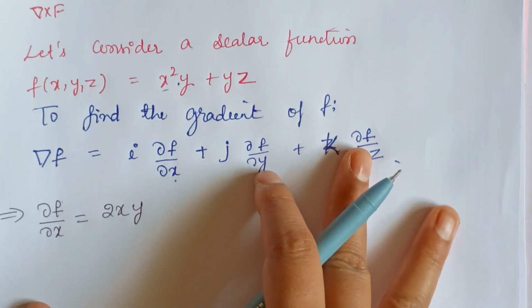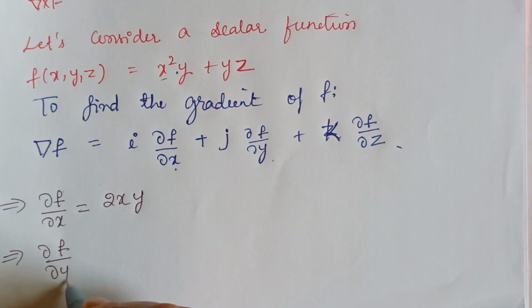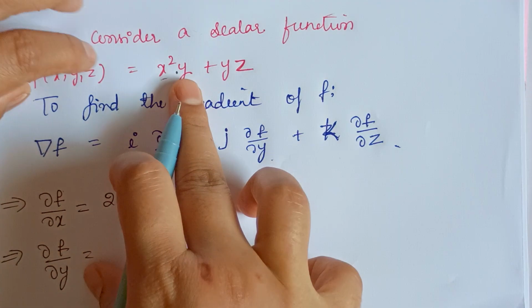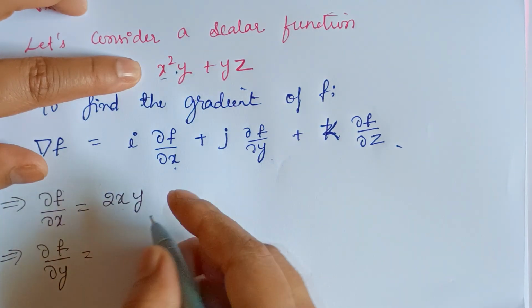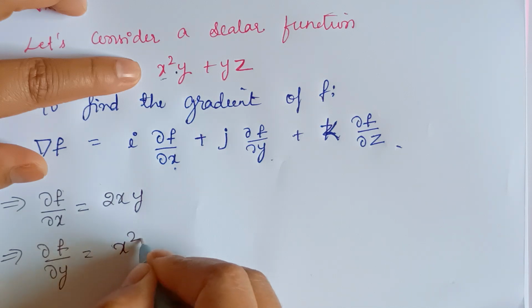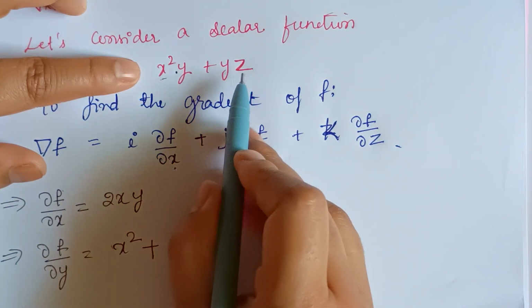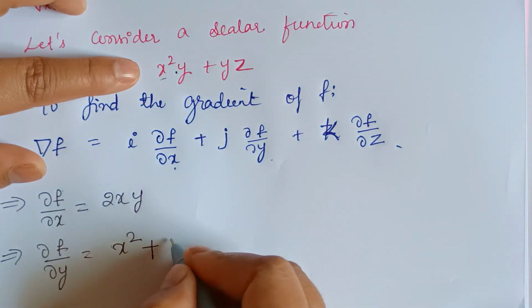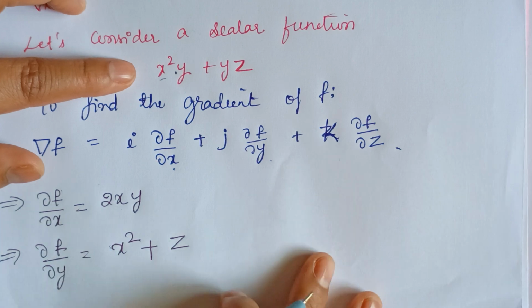Now the partial differentiation of f with respect to y. Here I have y, so the differentiation of y with respect to y is 1, so only x squared remains, plus the partial differentiation of yz with respect to y, which is z. That's it.